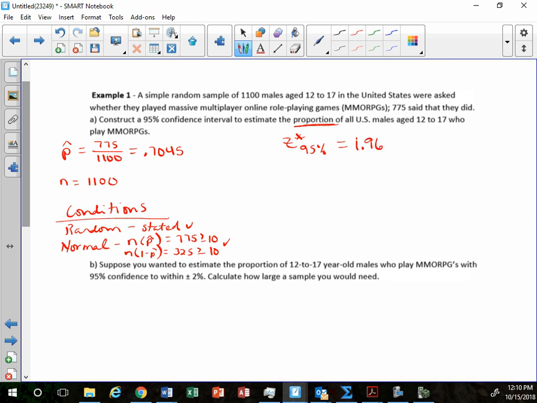Then what you have to show me is that you understand which formula you're using. It's a proportions problem, so you could even label it: 95% confidence interval. I'm going to be doing p hat plus or minus my z crit times standard error, which for proportion is the square root of p hat times 1 minus p hat over n.